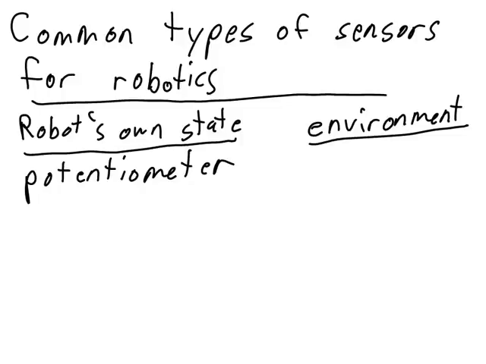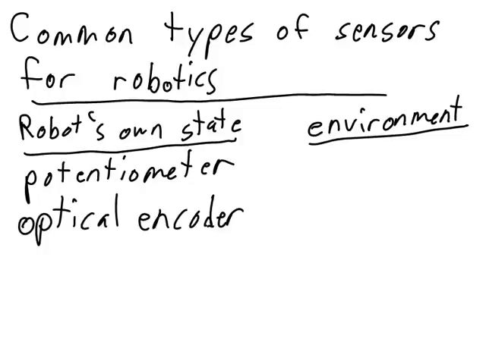But the potentiometer is not the only sensor that is commonly used to give a robot information about its joint positioning. The other common sensor used for this purpose is a sensor called the optical encoder. An optical encoder does the same job as a potentiometer, but it does it in a very different way.